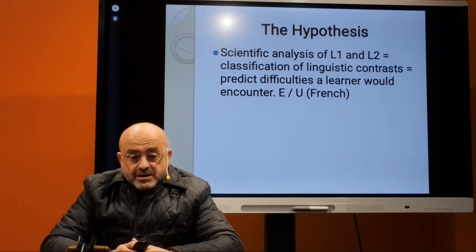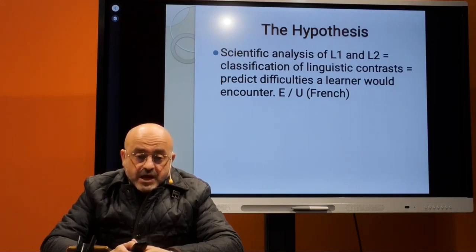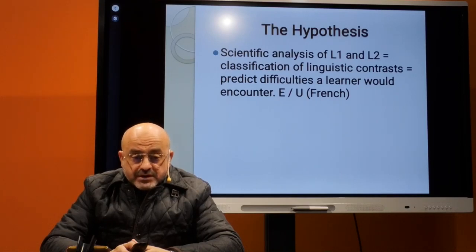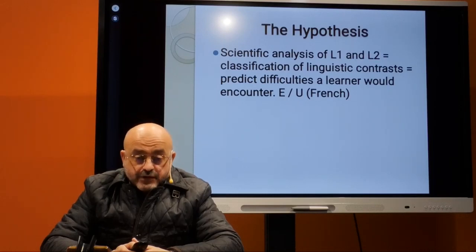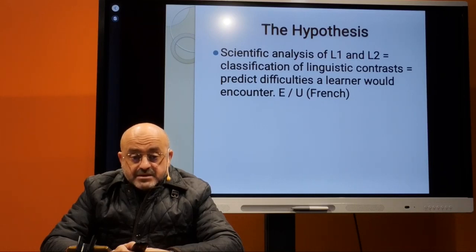Now, what we remark is that in the Arabic language we have the vowels A, O, E, while in French, for example, there are some vowels that exist in the phonemic inventory of the French language but do not exist in Arabic, such as the vowel E and U. So for a beginner learning French, contrastive analysis predicts that the learner will face difficulties in acquiring those sounds or those vowels that do not exist in the phonemic inventory of the mother tongue.